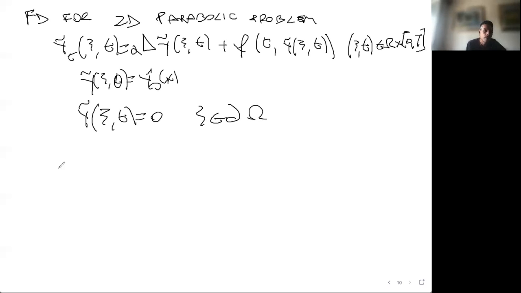What we need to approximate is the Laplace operator. So we have to discretize the space. For instance, omega is going to be a rectangle.